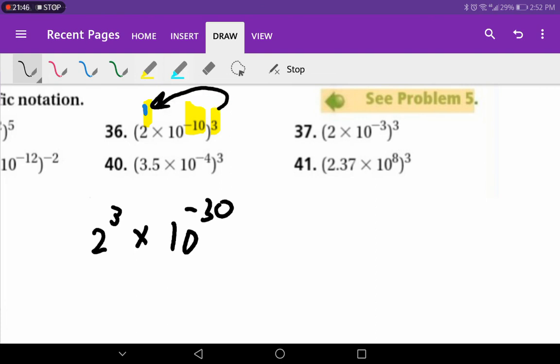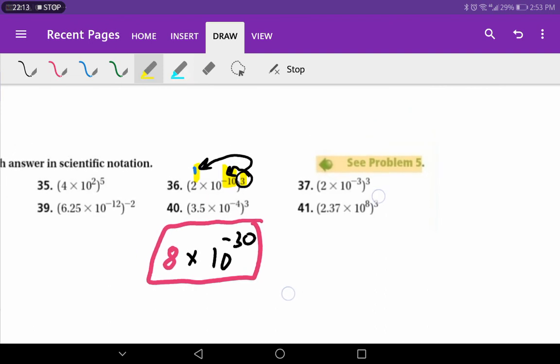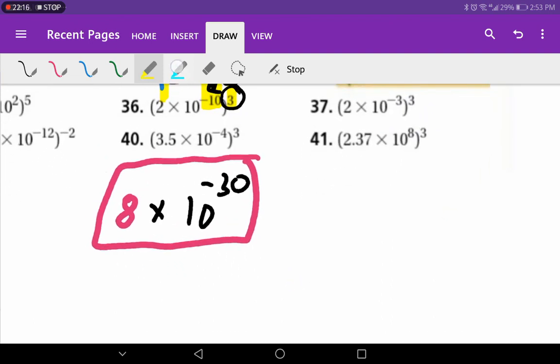This is 3 multiply 1 equal 3, and 3 multiply negative 10 equal negative 30. Now, 2 to the power 3 is 8. So I'm so happy because it is between 1 and 10. So no need to do anything, we're done. Make sure in the scientific notation this number must be between 1 and 10. Okay, this is the rule.